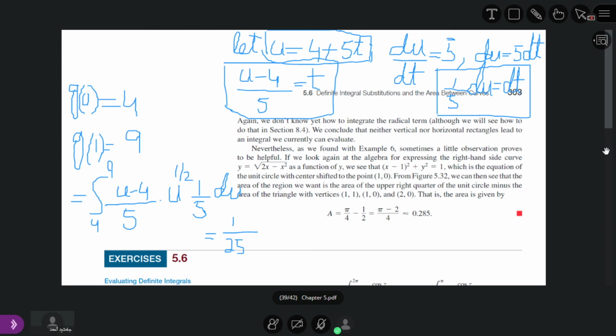Here we have 4, here we have 9. What is remaining? u times u power 1 by 2 will become u power 3 by 2, minus 4 u power 1 by 2.